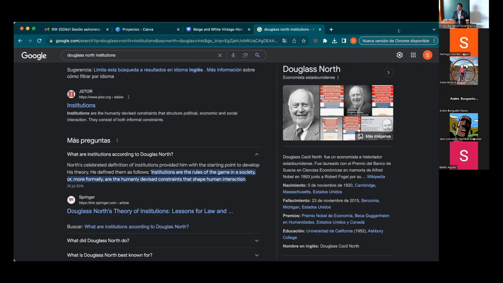What kind of rules we have? We have formal rules, for instance, the Constitution, but also many other formal regulations by the state. And informal rules. Because of my customs, because of my habits, because of my religion, there are many rules that I'm following. And these rules are affecting economic outcomes.